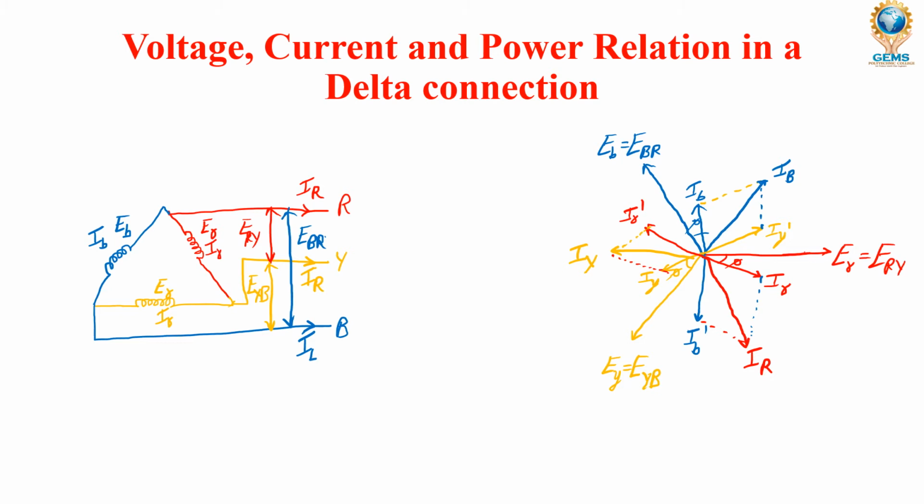As I told earlier, the angle between these two is 120 degree, and the angle here is 60 degree, and the angle between these two is 30 degree. Next we will see the equations.